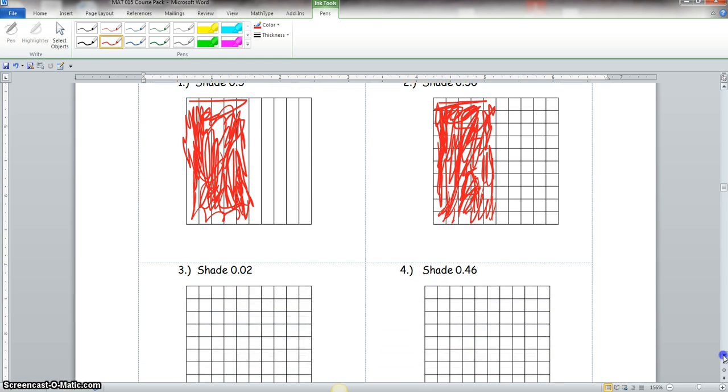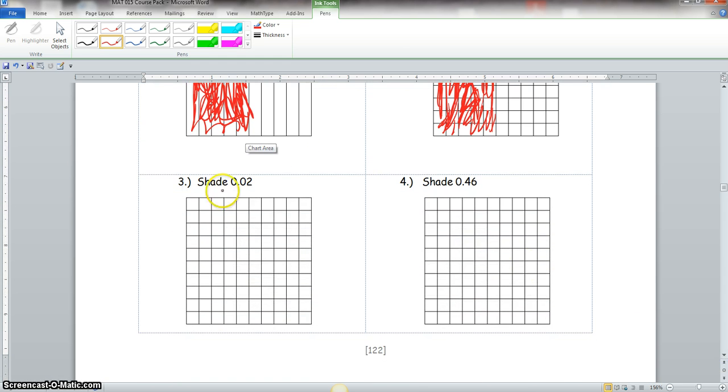Now we go here to number 3. Now we have 0.02. This 2 is in a hundredths place. Since we have 100 boxes here, that means that 2 out of this 100 we need to shade in. So you could pick any 2. I could pick 1 here. I could pick 1 here. As long as we shade in 2 boxes out of this 100, we satisfied the 0.02.